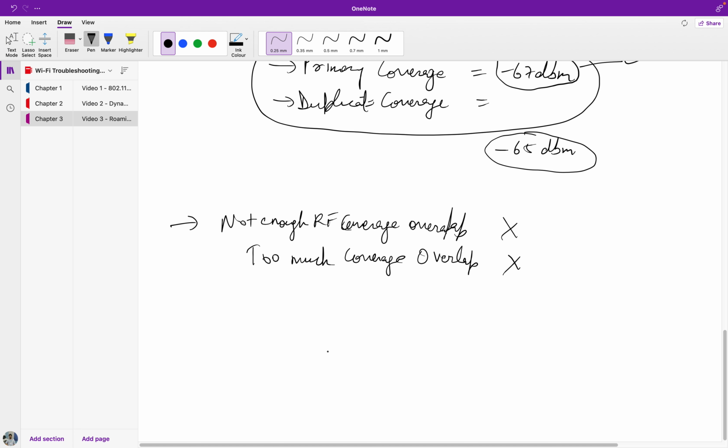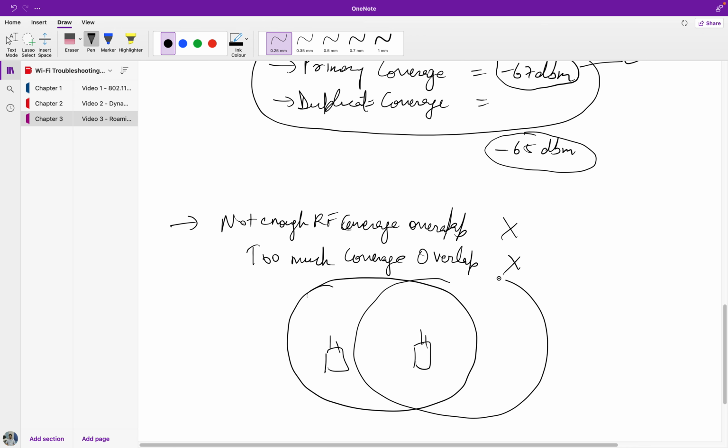Let's take an example. I have one access point, and let's say I have another access point very close to that, and then there is just too much overlap here. Now my client situated here is already connected to this particular access point, and even though it is sitting very close to the other access point, it has good enough signal from the first one to not start a roam.